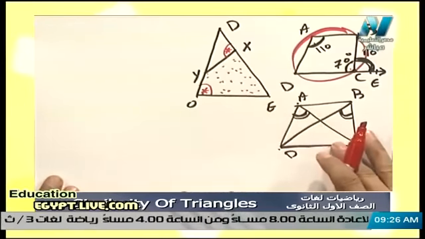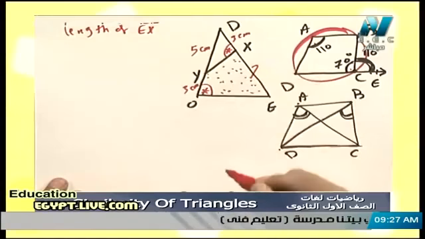Here we have DY is 5 centimeters and YO is 3 centimeters and DX is 3 centimeters also, and the request is to find the length of XE. Where is XE here? It is this one.